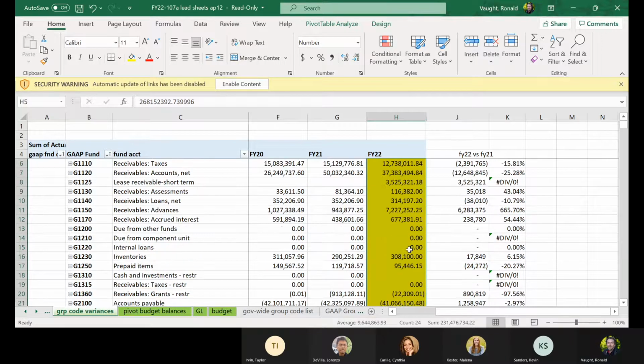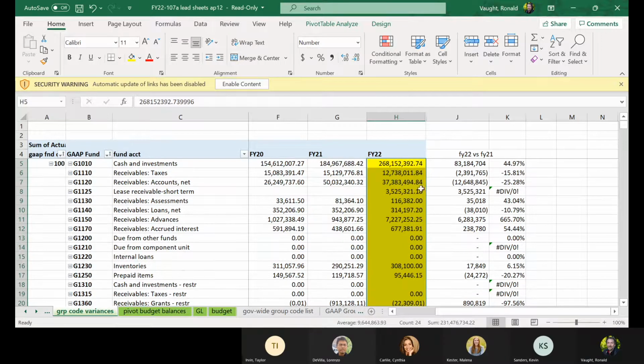So I'm pretty comfortable, because I validated what general fund balance should be two different ways, using schedule 107 and using the classic trial balance.